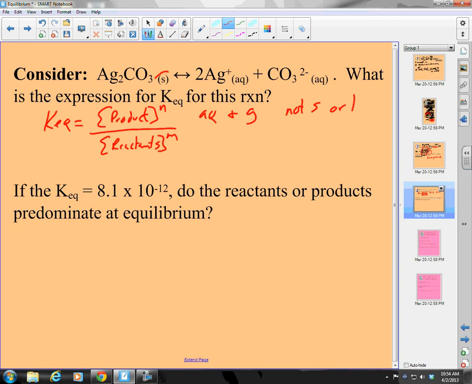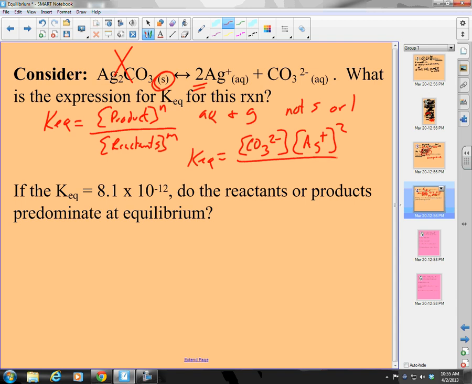Look here, I have a solid, so we would not put that into our KEQ. So our KEQ is equal to the concentration of my carbonate raised to its power times the concentration of my silver raised to its coefficient. There we go.